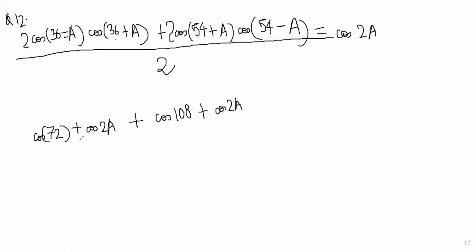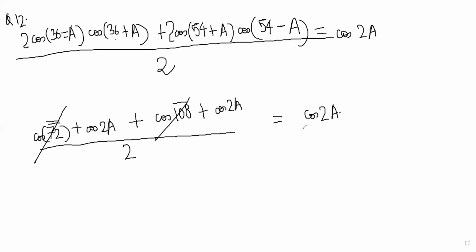Now notice that 72 and 108 add up to 180. So cos 72 can be written as cos(180 minus 108), which is minus cos 108. So they cancel, and it is simply 2 cos 2a by 2, so cos 2a.